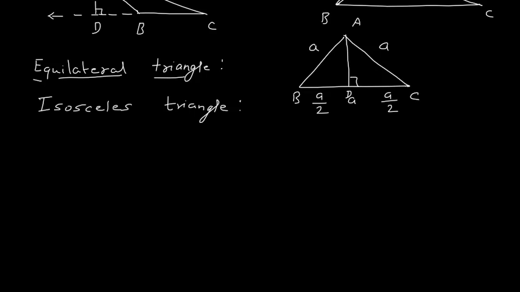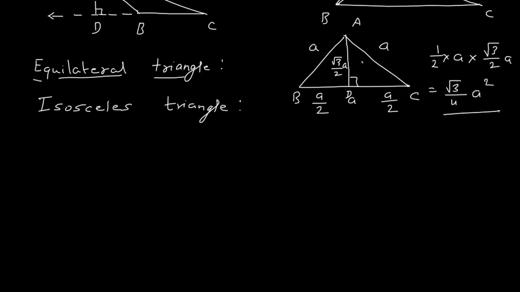When you find this length AD, you will get root 3 divided by 2 times A. Then the area of the equilateral triangle will be half into base A into height root 3 divided by 2 A. So this will give you the answer root 3 divided by 4 into A square.